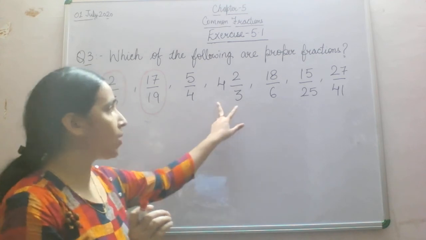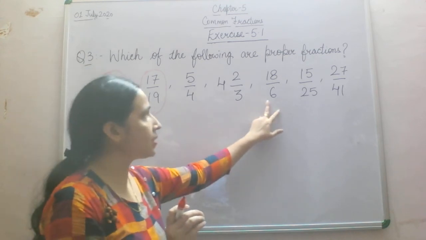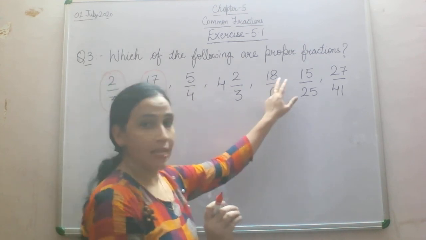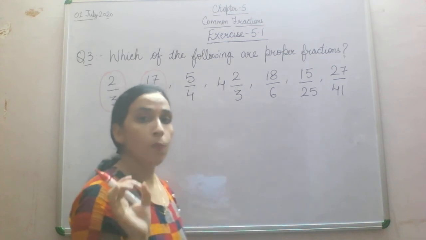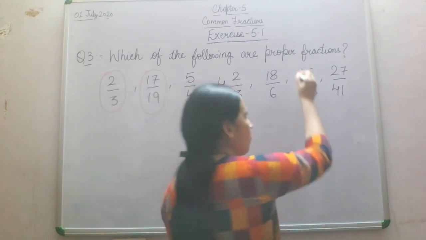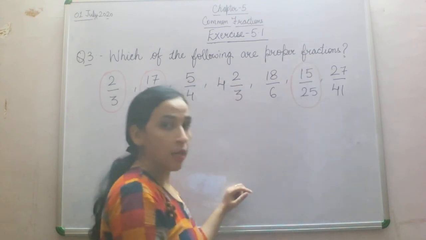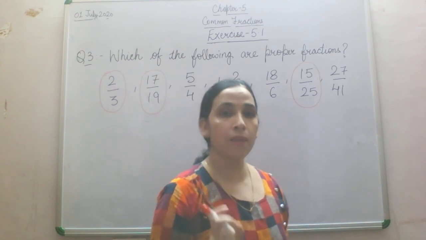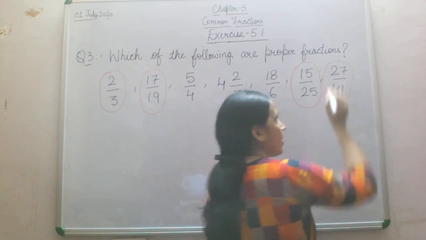So this is not a proper fraction. Now 18 by 6: here also 18 is greater than 6, so it is not a proper fraction. Now 15 by 25 is an example of a proper fraction. Next 27 by 41 is also an example of a proper fraction.